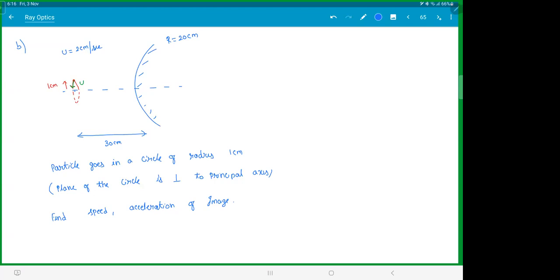Speed is 4. Someone got speed is 1. Speed is half. Speed is 1 by 30. Not one answer is matching. It's in centimeters per second.